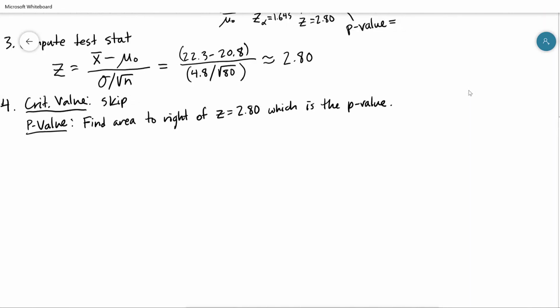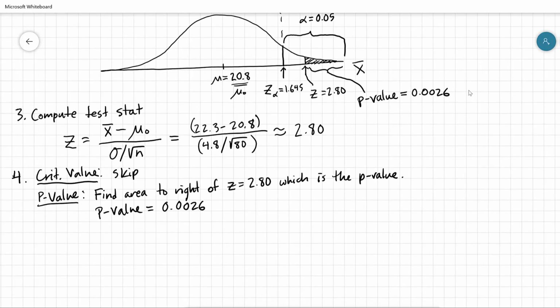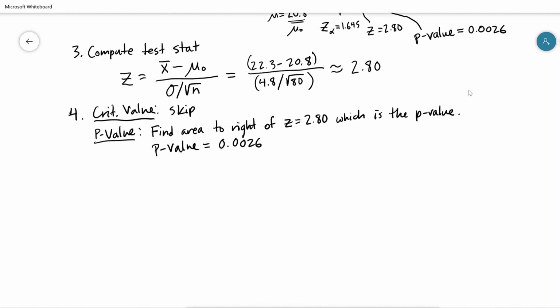That area is the p-value, and the p-value is 0.0026. I'll go fill that in our picture up here, 0.0026. So now we're going to decide whether or not we're going to reject the null hypothesis by deciding if our result is weird.